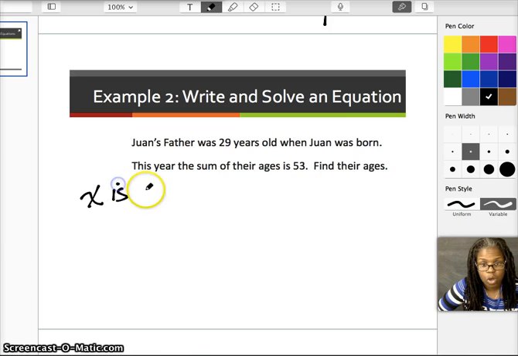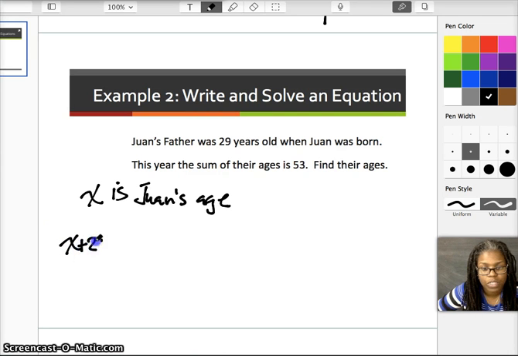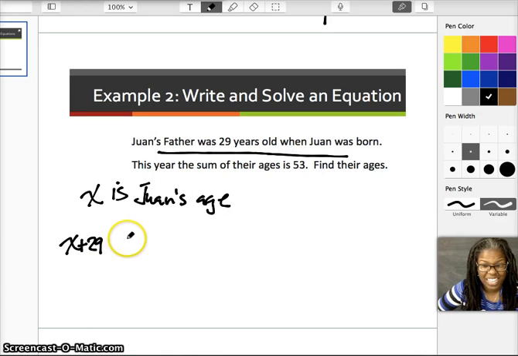X is Juan's age, right? Because that's one of the things we're looking for. So if X is Juan's age, what would his father's age be? His father's age would have to be X plus 29, because we remember from the problem that when Juan was born, his dad was 29 years old. So X plus 29 is Juan's father's current age.